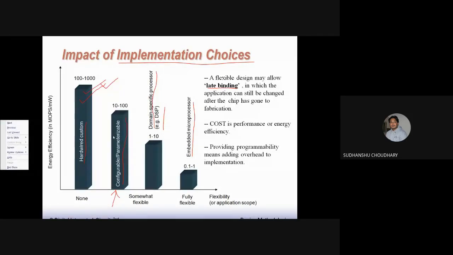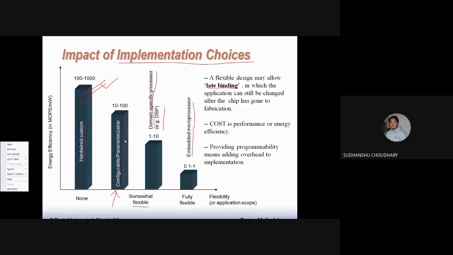Now this flexibility comes at some cost, right? That extra cost to get this flexibility is that more components will now be present on the chip, right? So for example, today we have fans which are operated via remotes. Earlier we had fans which did not have remotes, right? So today we have fans which have remotes.